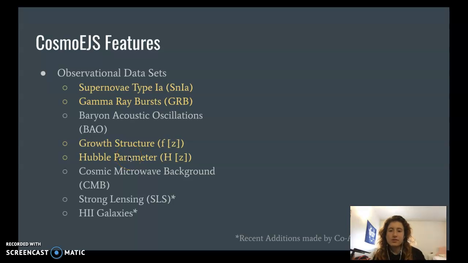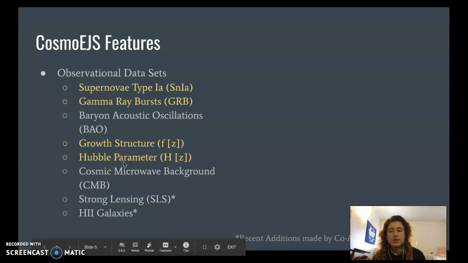Hubble parameter is particularly interesting because it compares the Friedmann metric, which is our manipulation of Einstein's field equation for the standard cosmological model or other cosmological models, over the Hubble constant, which will give us a good idea of the ratio between the two.